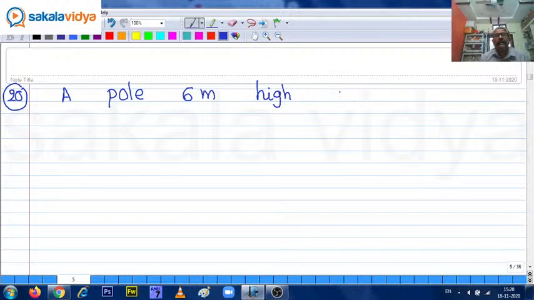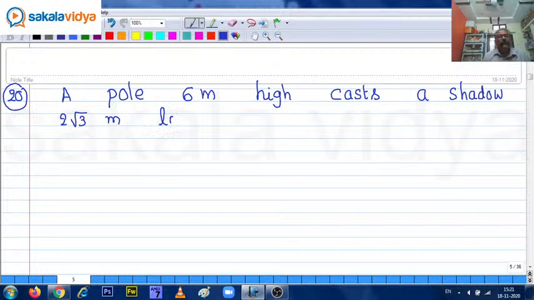A pole 6 meters high casts a shadow 2 root 3 meters long on the ground.